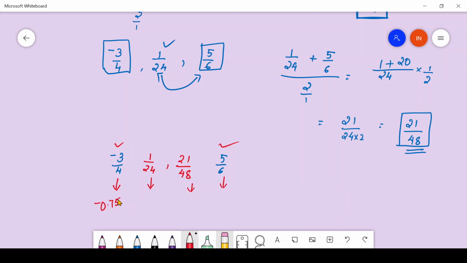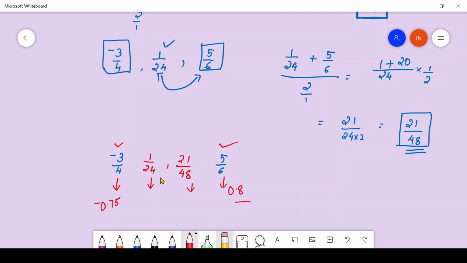And what about 5 by 6? That will be 0.8. So now you have to check whether the rational numbers you got, that is 1 by 24 and 21 by 48, are between negative 0.75 and 0.8. That is another way you can check it.